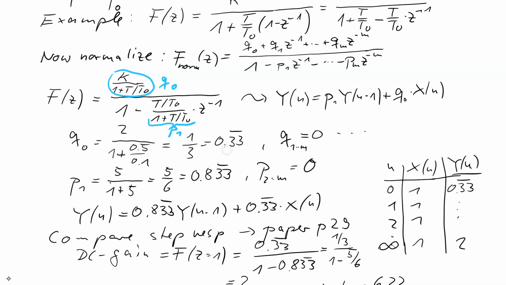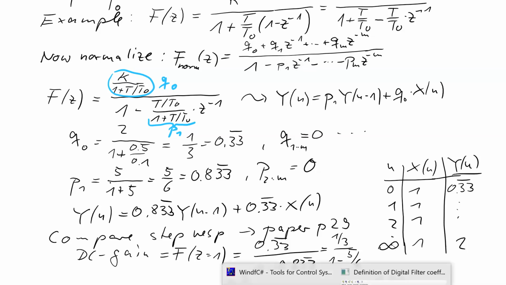Here you see Q0 is 0.3 repeated and P1 is positive 0.8 period, because the minus sign in the normalized form is explicitly drawn in the normalized form of F. So in the controller case it is common to write 1 minus coefficient times z to the power of minus 1.